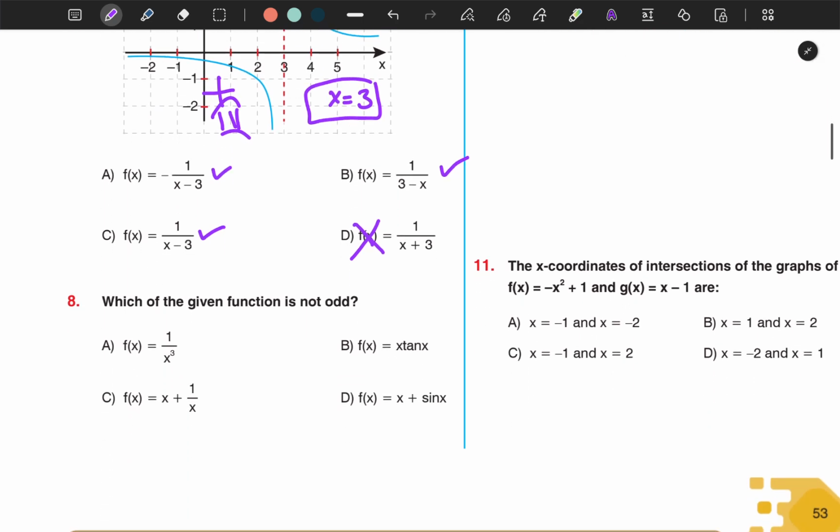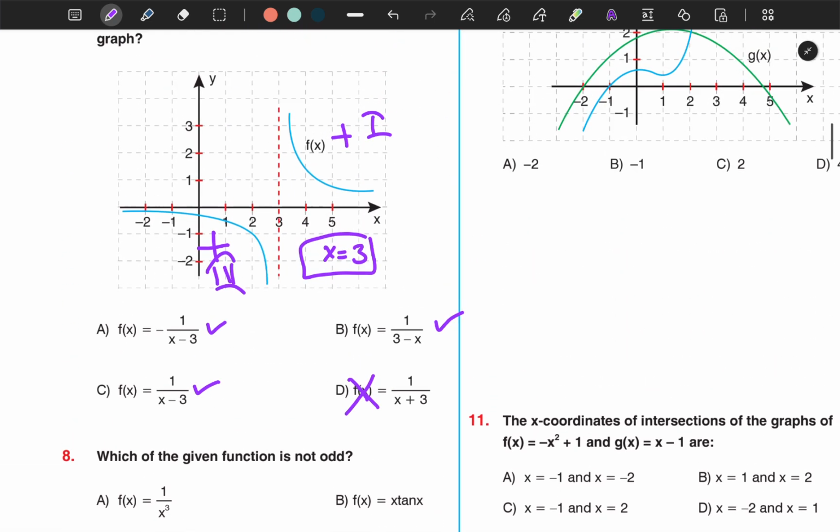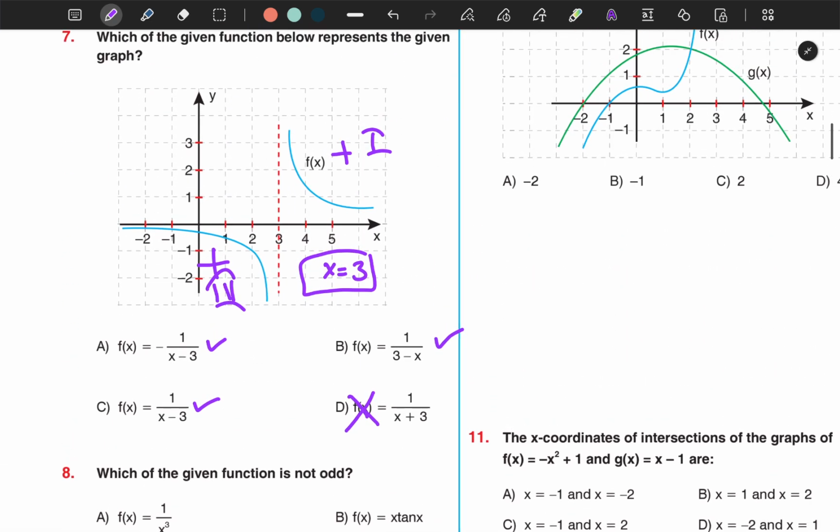Let us check the answer. Number 7, it is C. When you look at here, in the first and third quadrant, the sign is positive. If I have the second and fourth quadrant, the sign must be opposite. So which means C is the answer.